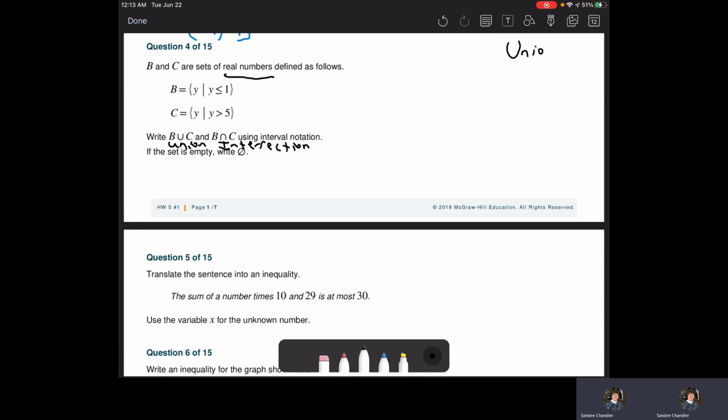Union is going to be the U, of course. U for union. They didn't know what to call the other one, so they just turned the U upside down. All right, so union is, I like to think of it as everything.